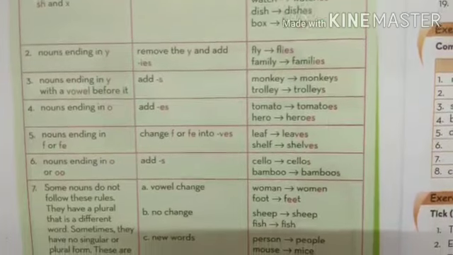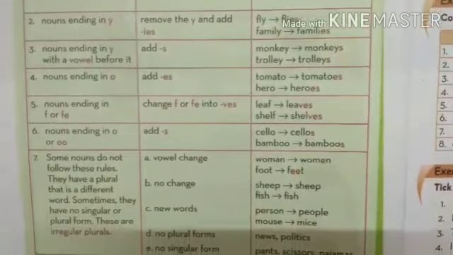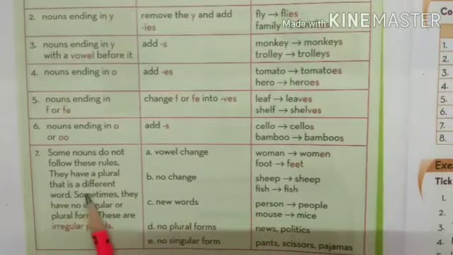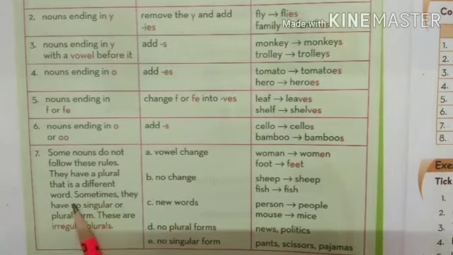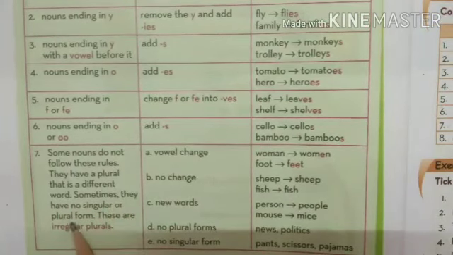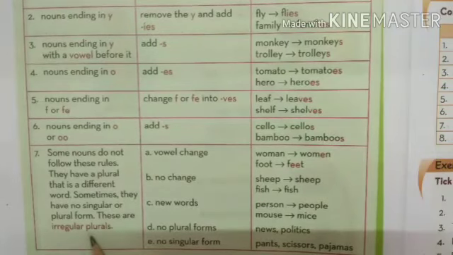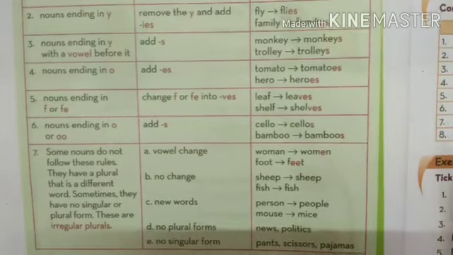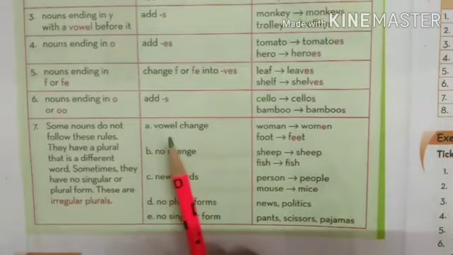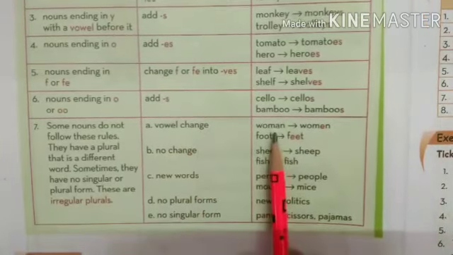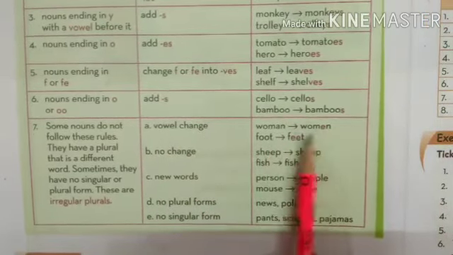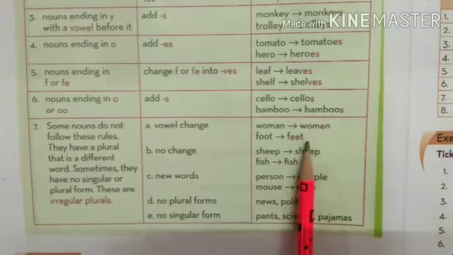Some nouns do not follow these rules. They have a plural that is a different word. Sometimes they have no singular or plural form. These are called irregular plurals. Here you can see the example. Vowel change, woman becomes women, foot becomes feet.